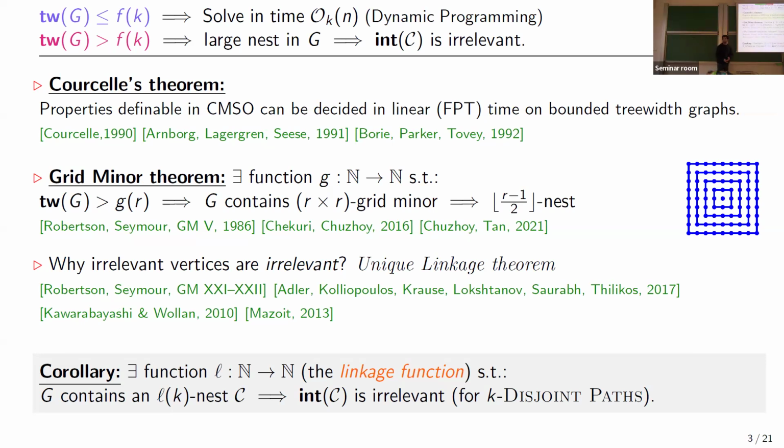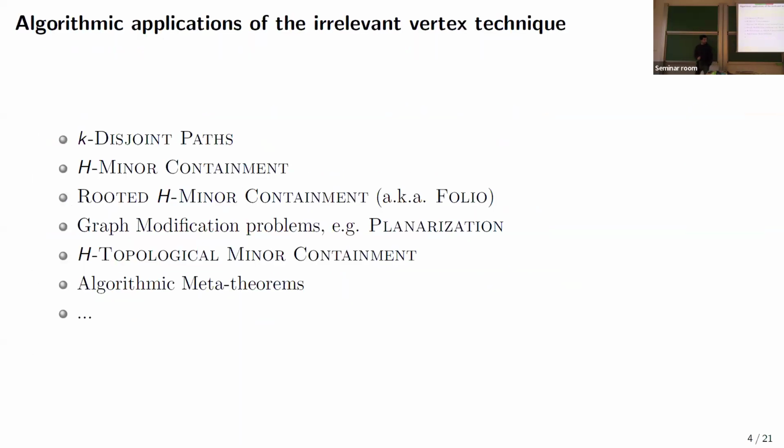So is it all in the planar setup now, or is it in general? We can think of the planar case here. Because in fact, when you go to more general graph classes, then really a nest is not enough. So keep in mind these three results: Courcelle's theorem, the grid-minor theorem, and this corollary, because we will use them.